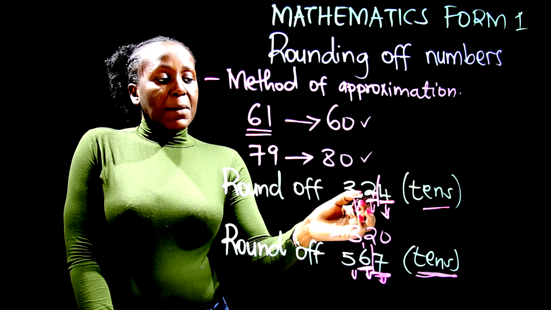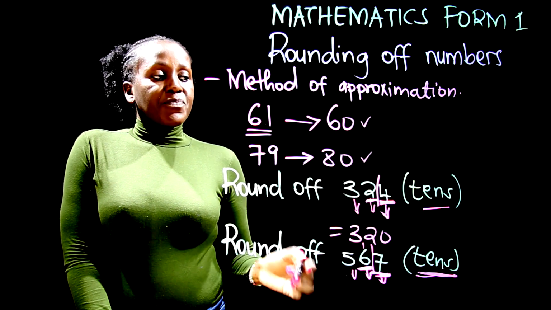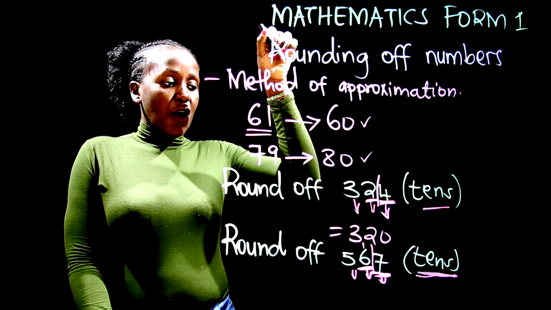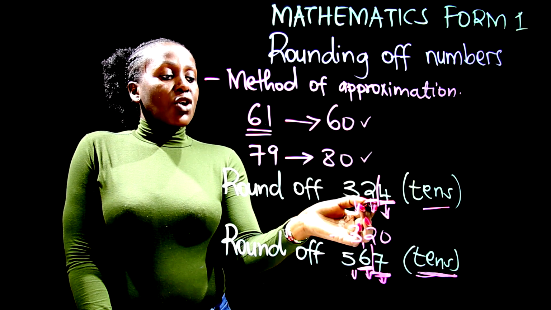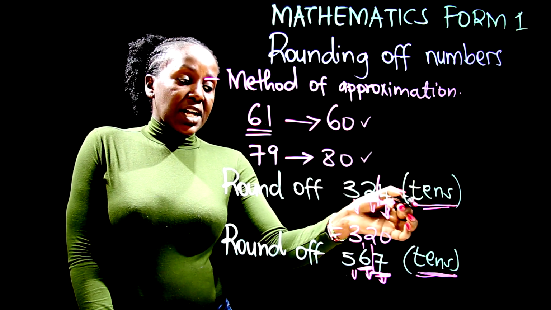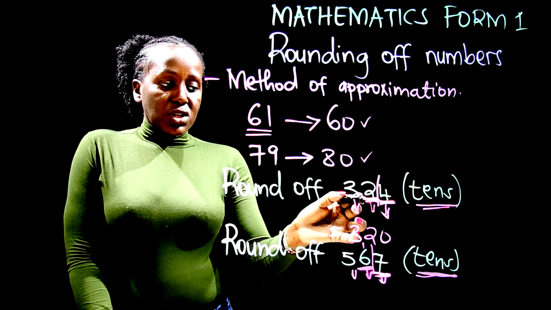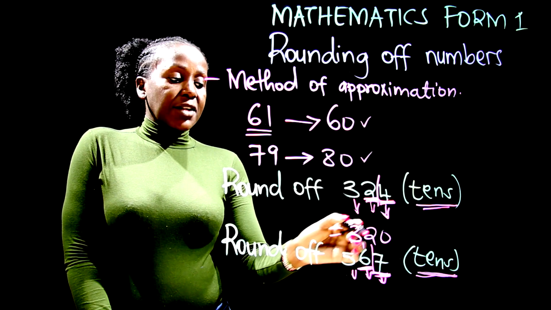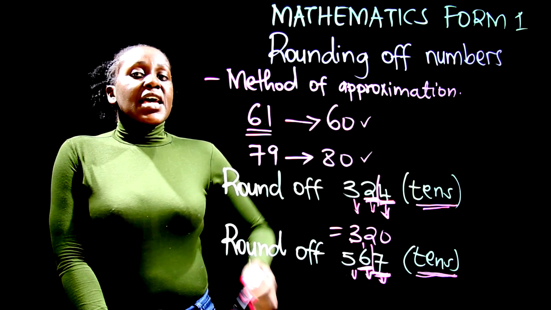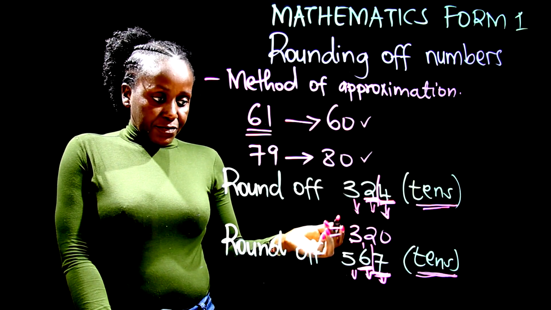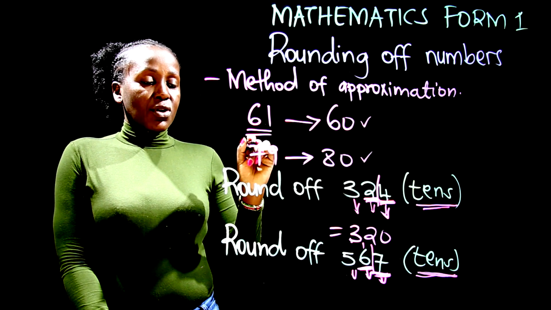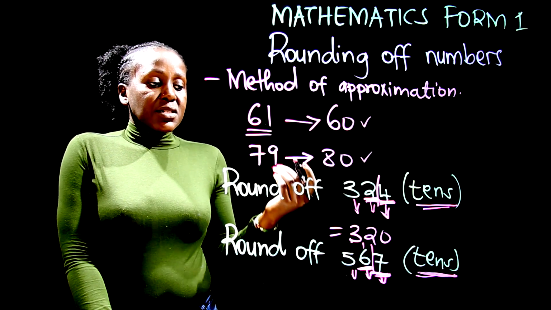Remember up here we said that 4 is less than 5, so it is rounded down into a 0. So we don't add anything to the 2, which is the digit that represents the tens. That's why we got our answer as 320. In this case, since 7 is greater than 5, it is rounded up into 1 times 10, which becomes 10.